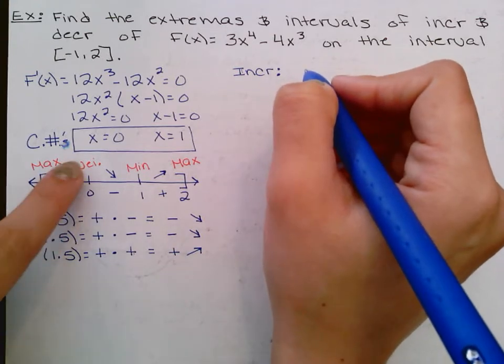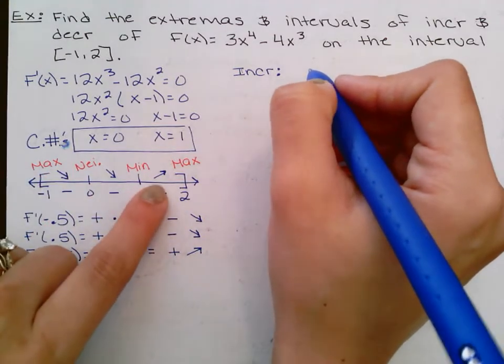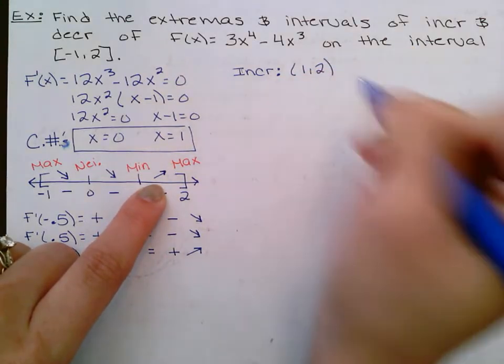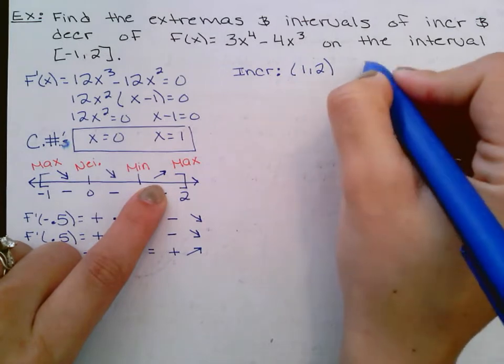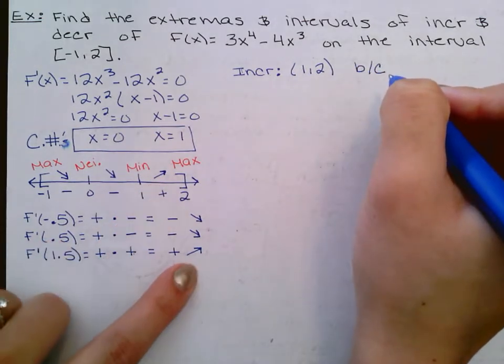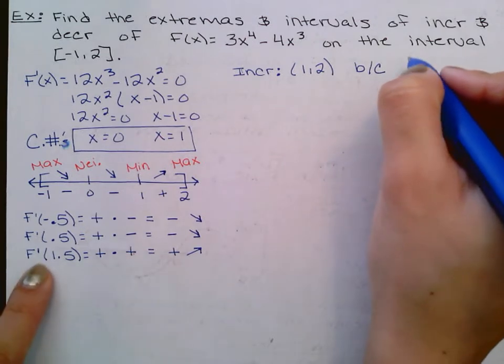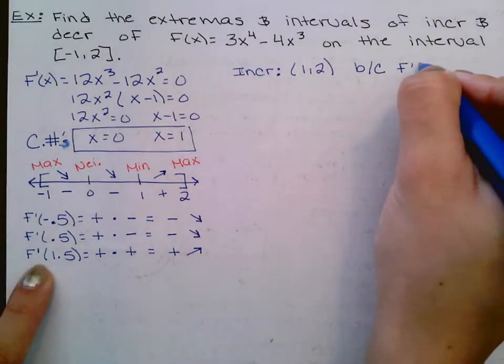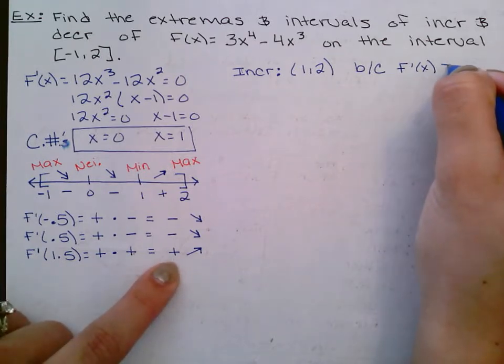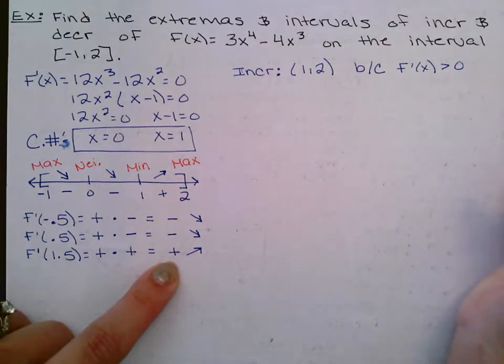From 1 to 2 was the only time I was increasing, and I know I was increasing there because f prime of x was positive. We can write positive or we can write greater than 0.